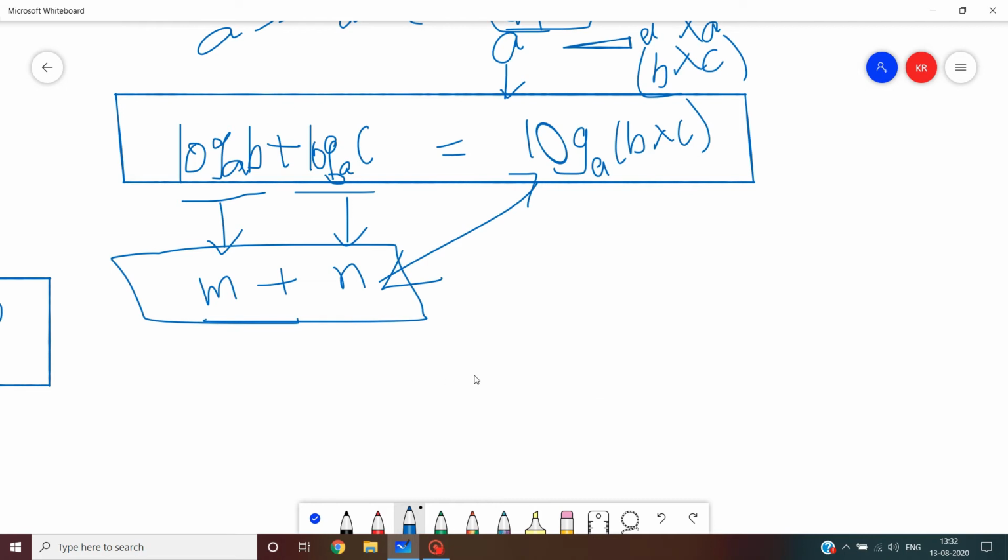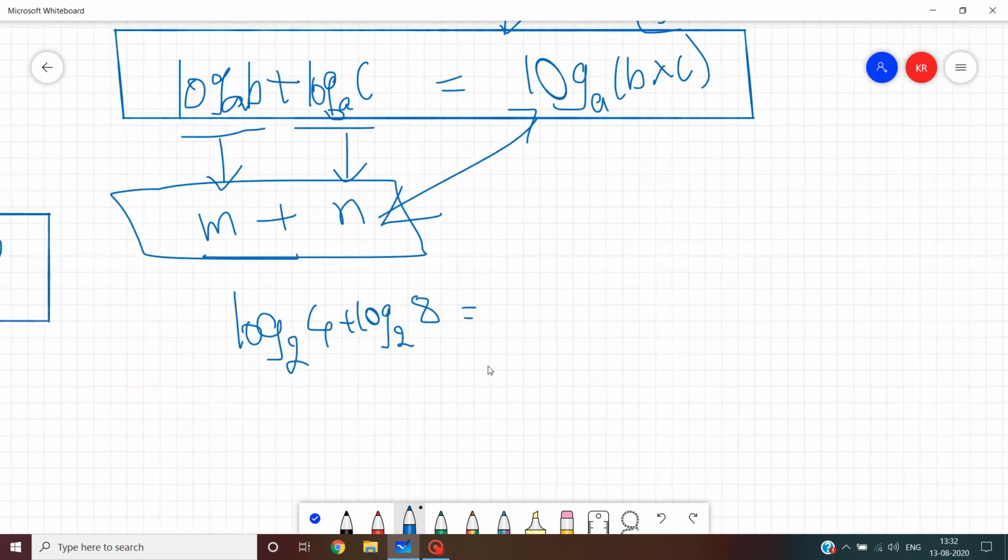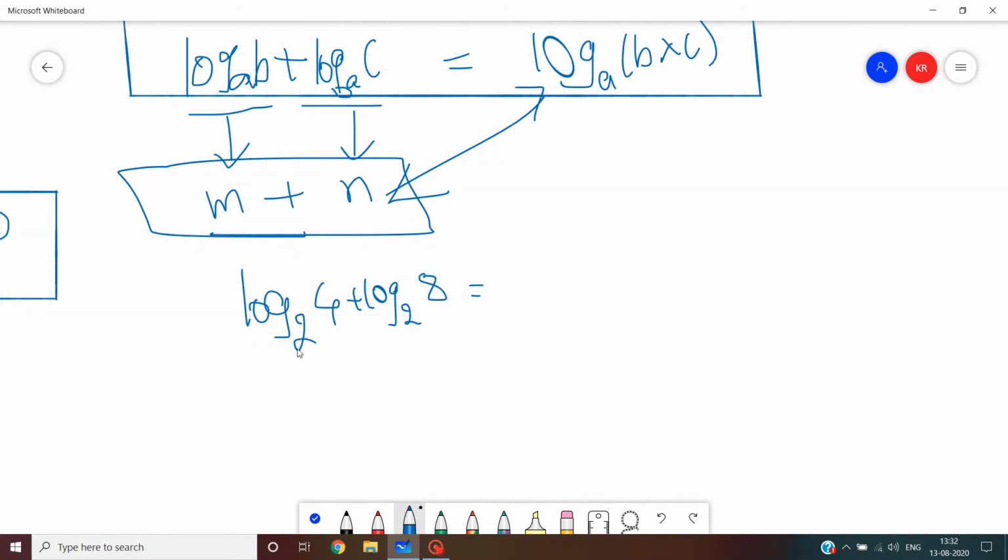For an example, let's see log base 2 of 4 plus log base 2 of 8. With a growth rate of 2 and getting a result of 4, it will take 2 years.